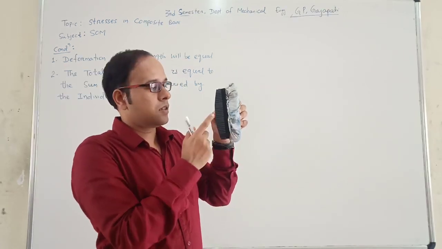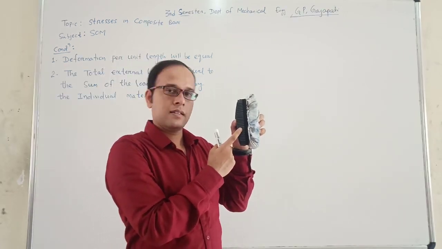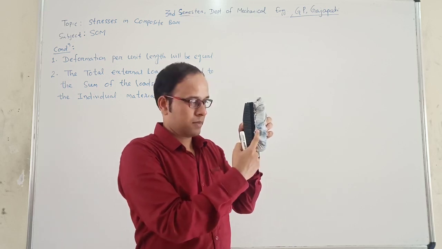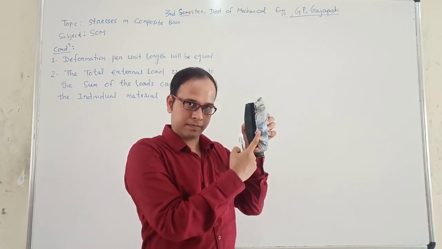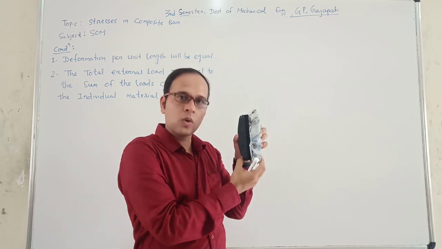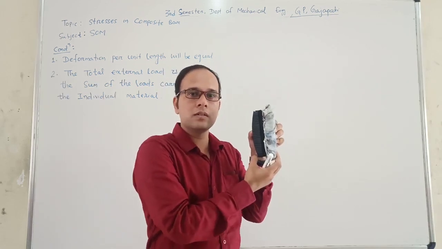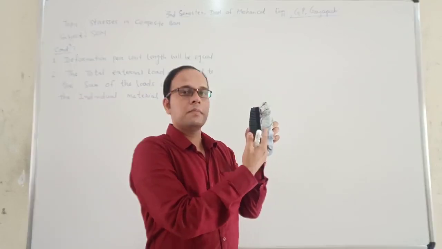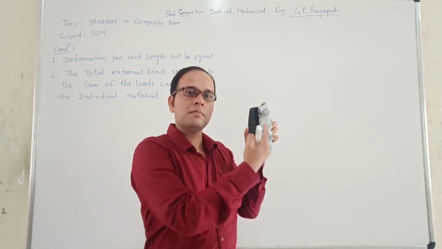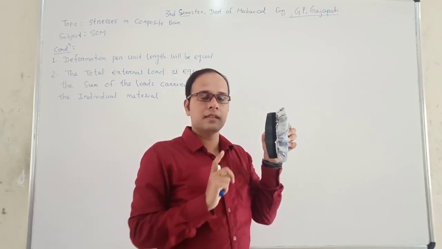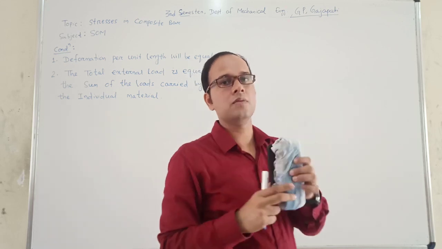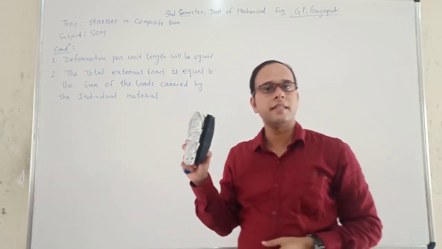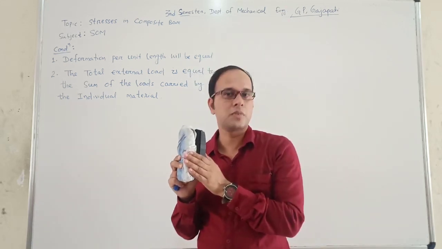Suppose this material carries 7 kilonewton and this material carries 3 kilonewton. So the total external load will be equal to the sum of the load shared by the individual materials, 7 kilonewton plus 3 kilonewton. This condition should be satisfied. Then we call it a composite material.